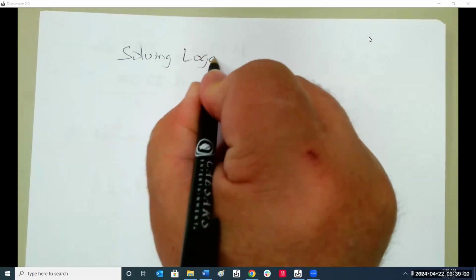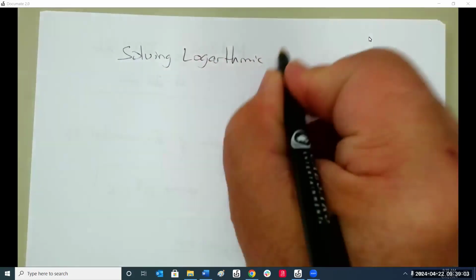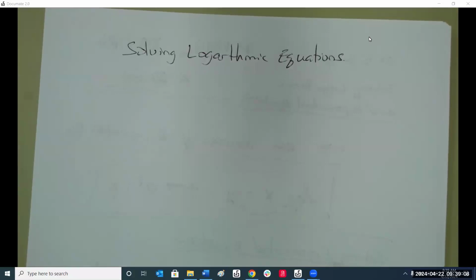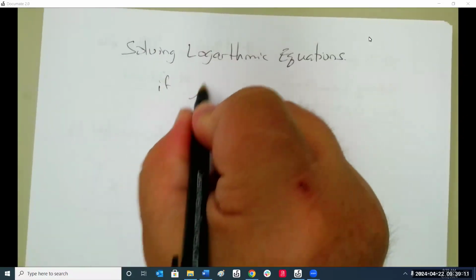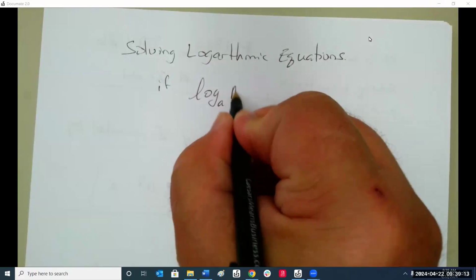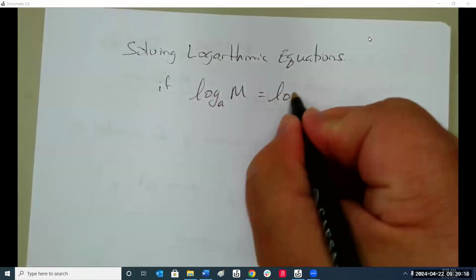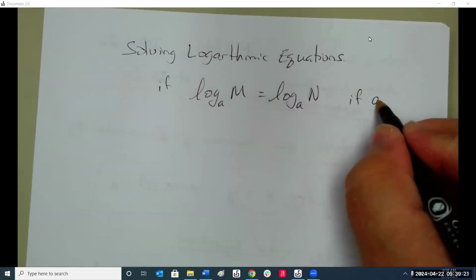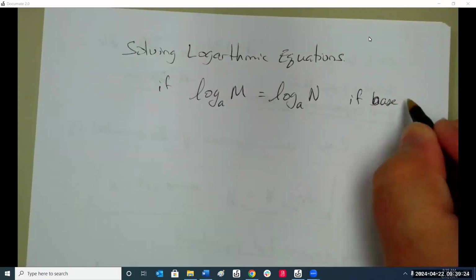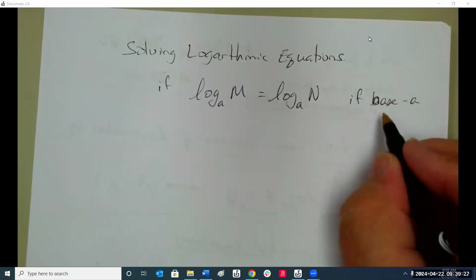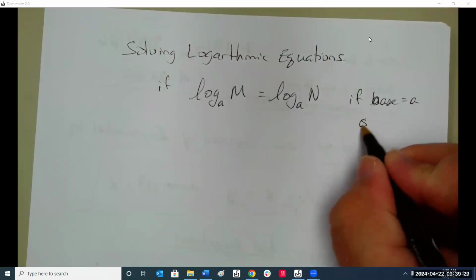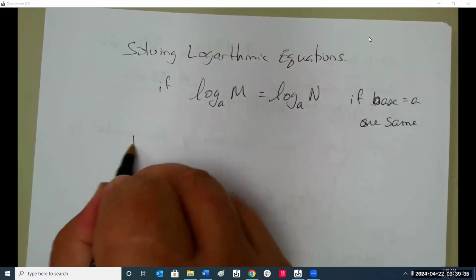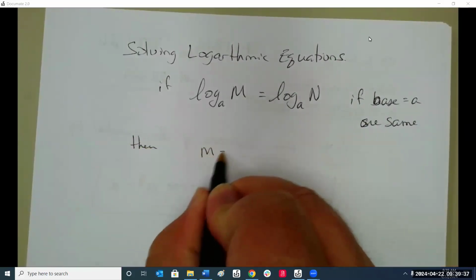Solving the logarithmic equations. If they have the same bases, if the bases are the same, then the operations have to be equal.